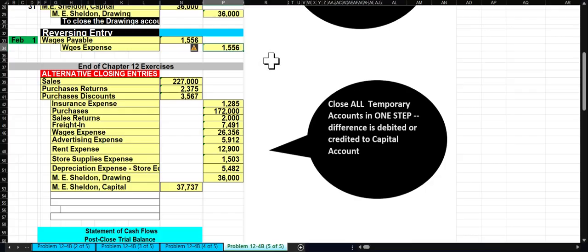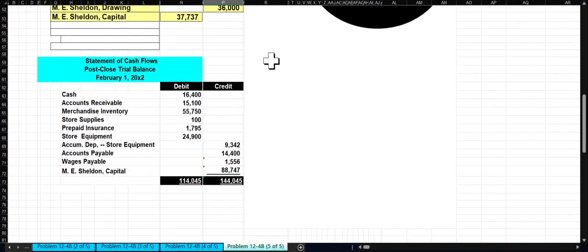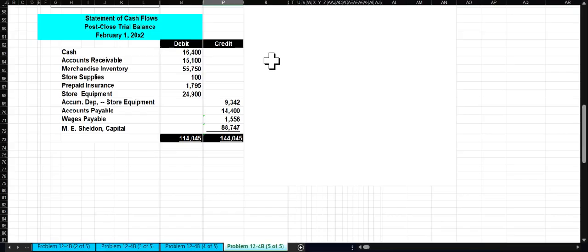The last thing I wanted to share with you is the post-close trial balance. There are some people who suggest that accountants have OCD because they're constantly going back and checking, making sure everything is correct.